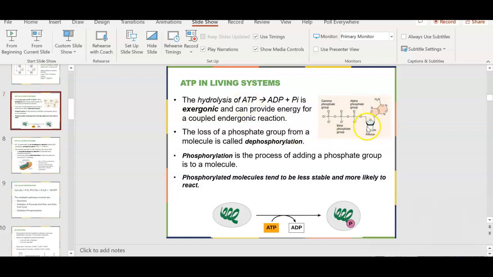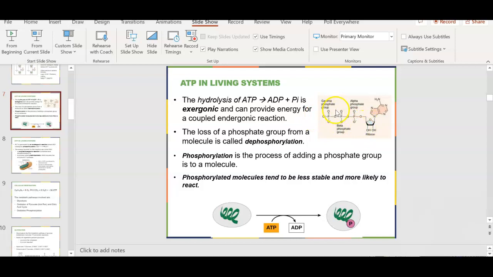Here you can see a ribose sugar, and this is a nucleotide, or just a part of a molecule that is combined with this ribose sugar. Then we have these 3 phosphates, alpha, beta, and gamma, and each one is attached to the next by a very high energy bond. The idea is that they are not too stable.